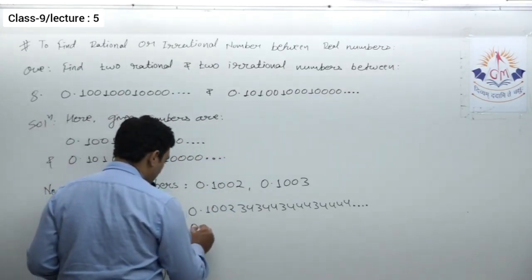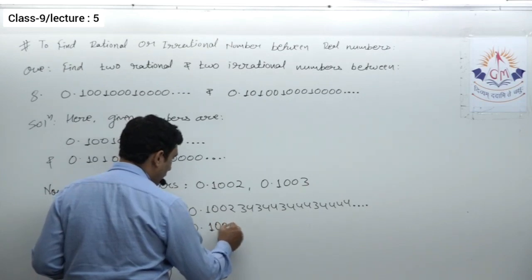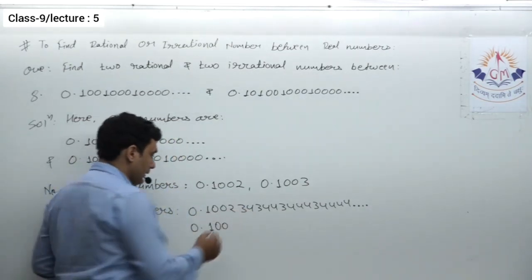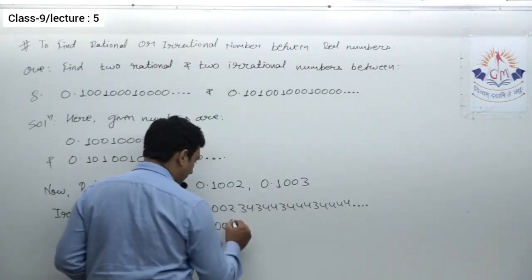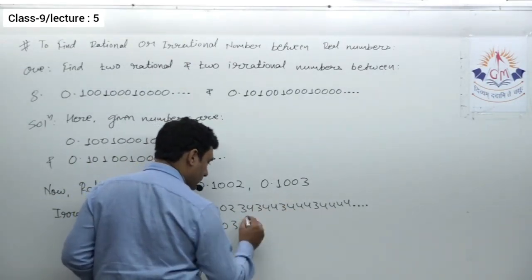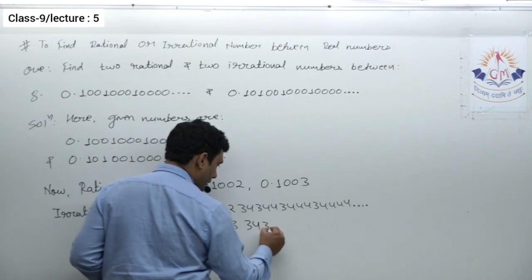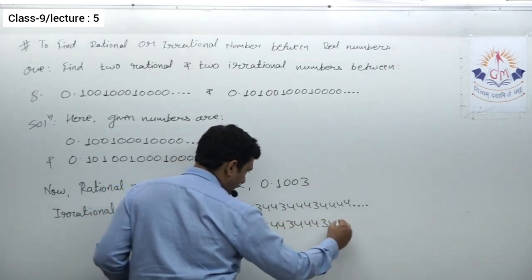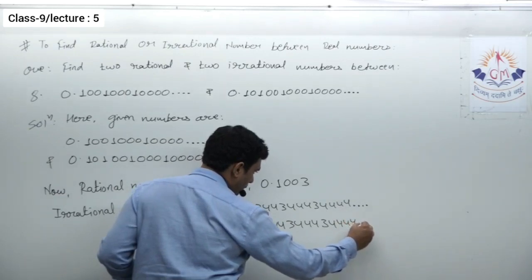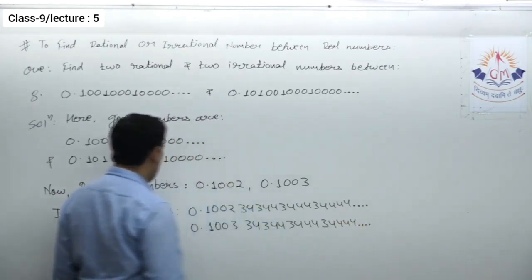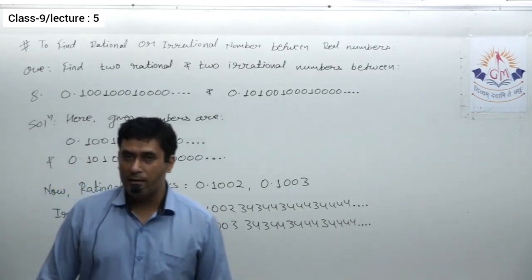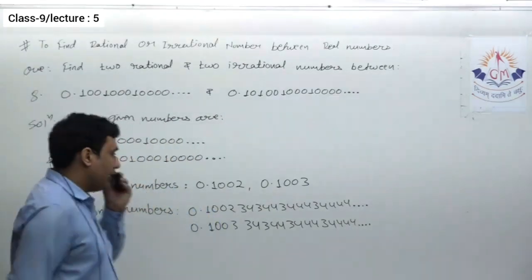Then another one is 0.100. Even though I write 2, there isn't any problem, but here I have 3, so I am writing this, and this string I am taking as it is, 3 4 3 double 4 3 triple 4 3 4 times 4 and so on. So these are the required irrational numbers as well as rational numbers between the given set of numbers.